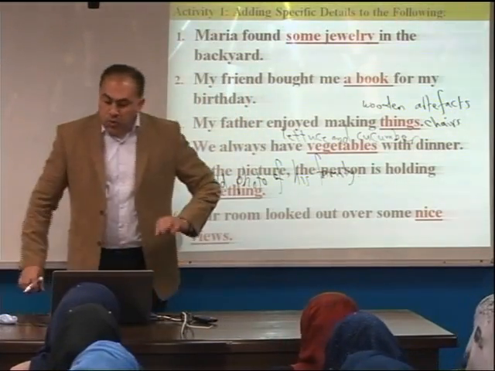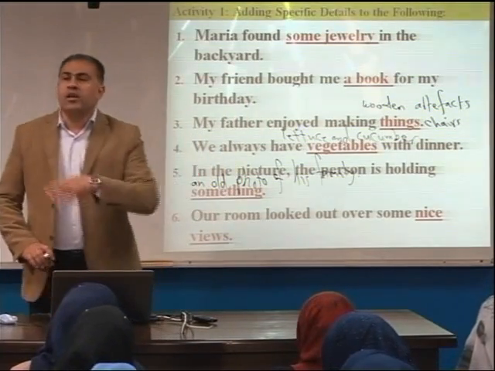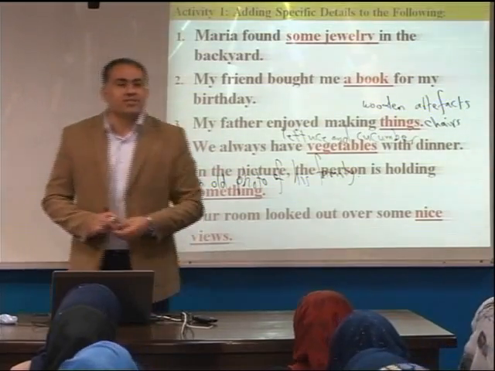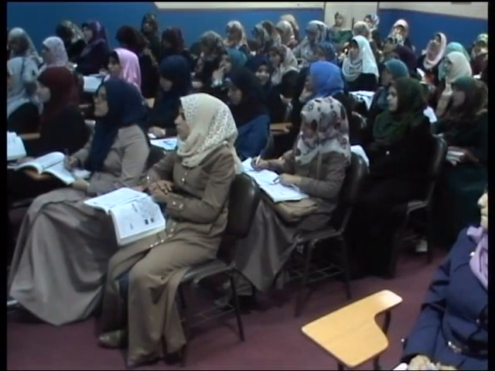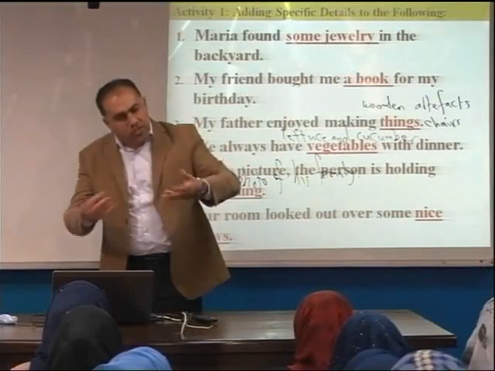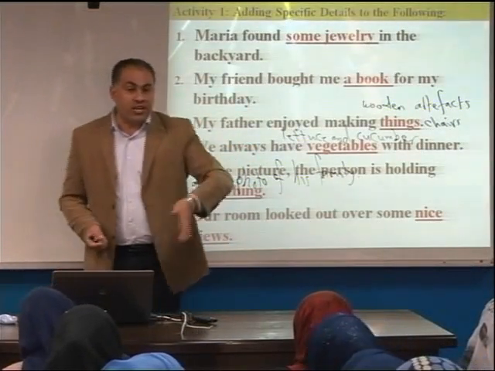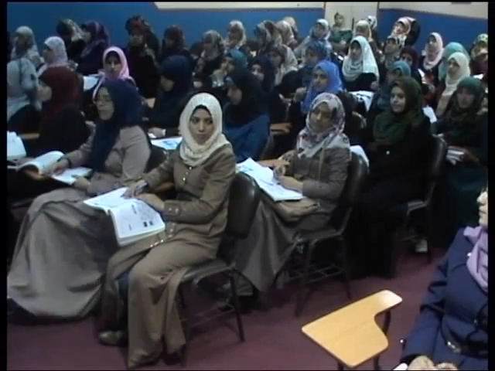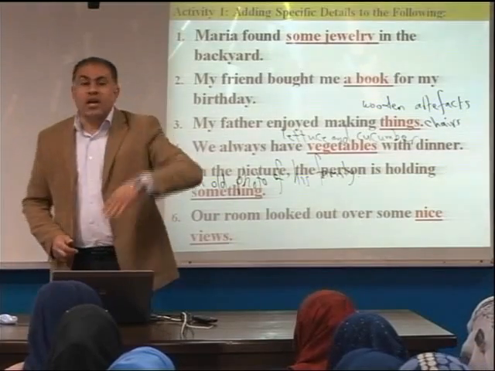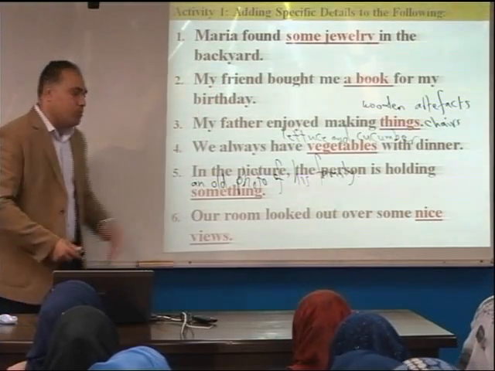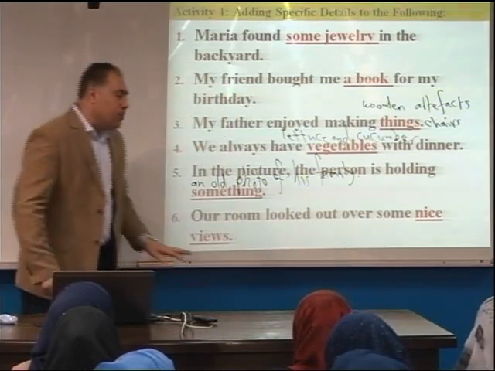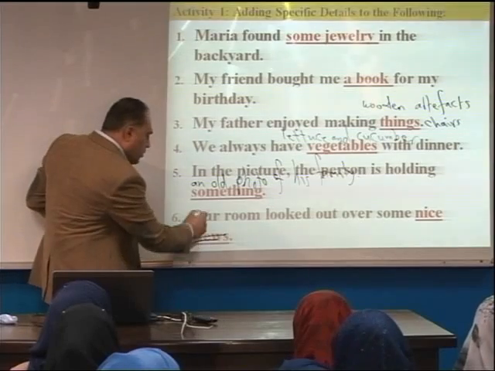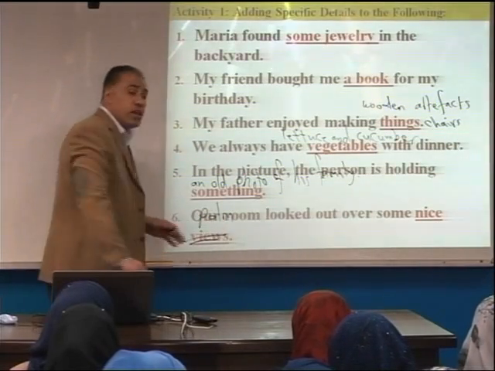My room looked out over some nice views. What do you mean by nice views? It's rather general. Yes, please. Over my garden. Very nice. We need to describe it: which is full of trees, plants, roses, flowers, and so on. Sea and mountains. Over the sea, over the beach, and some hilly areas, for example. We can say palm trees, since we are in the Middle East.